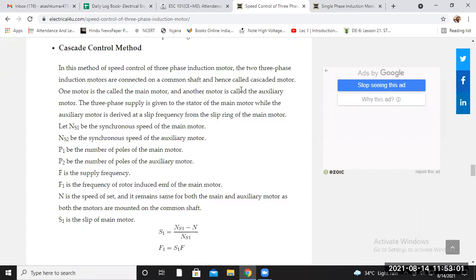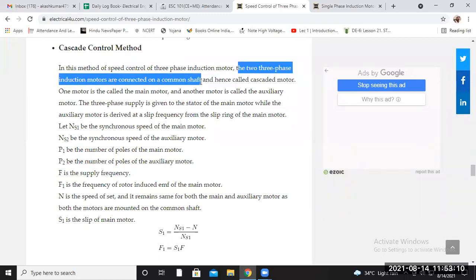In this method of speed control, two three-phase induction motors are connected on a common shaft, hence called a cascaded motor.